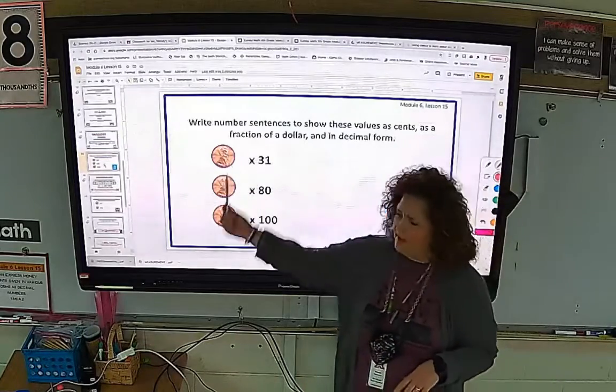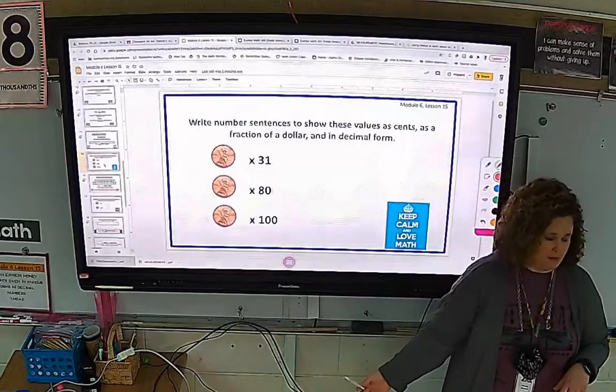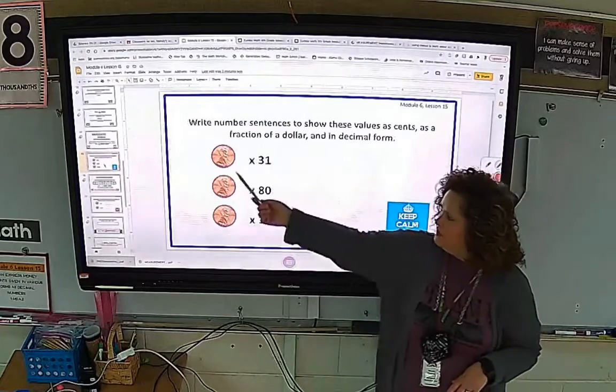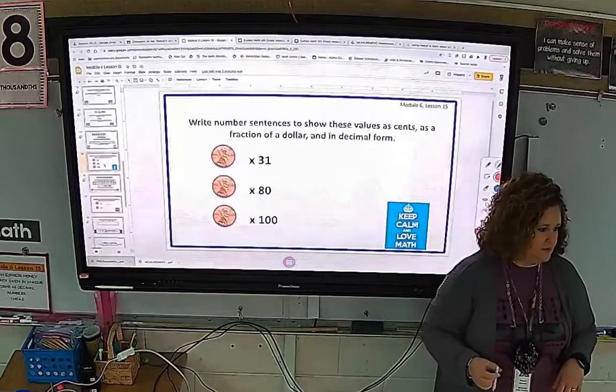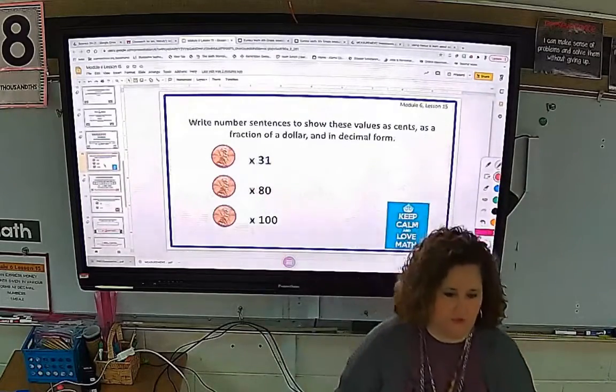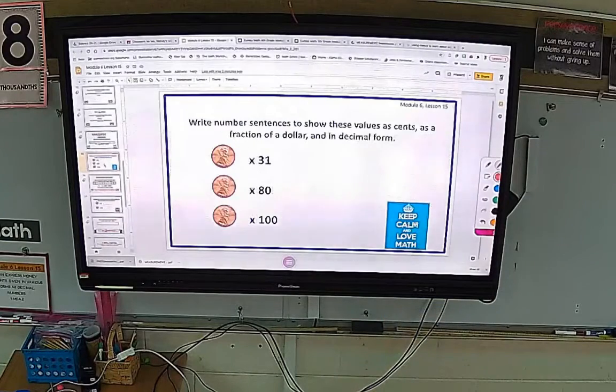So how much is a penny, guys? 1 cent. Okay, so this is an easy multiplication. 1 times 31 is how many cents? 31. Okay, so on your board, we're just doing this one right now. I want you to write 31 cents as a fraction and as a decimal.